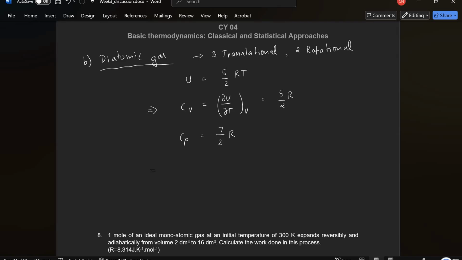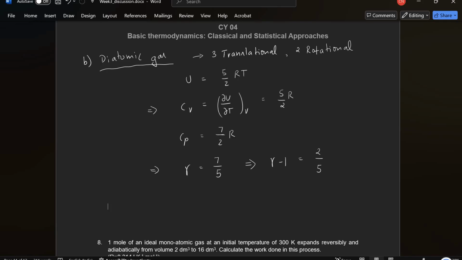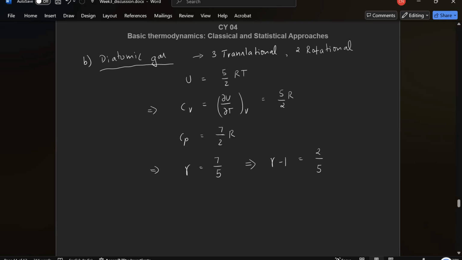Which implies gamma is going to be CP by CV, which is 7 by 5. So gamma minus 1 is equal to 2 by 5.